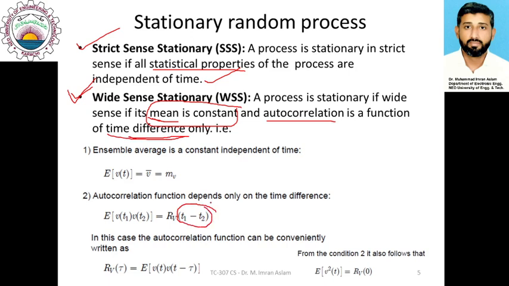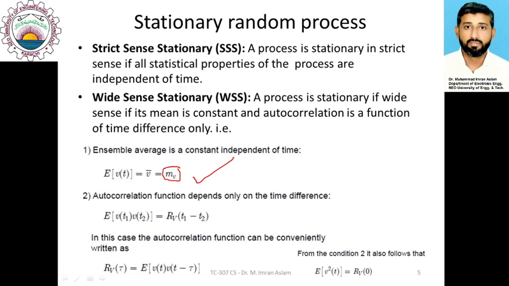So the mean comes out to be a constant number, not a function of time, and autocorrelation is a function of time delay only. Typically we write it as tau, where tau represents the time delay.